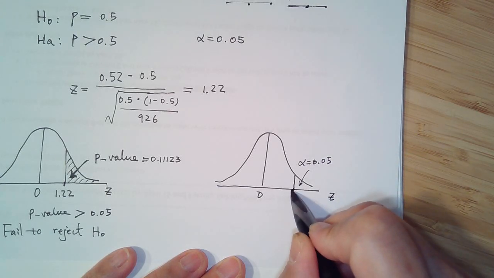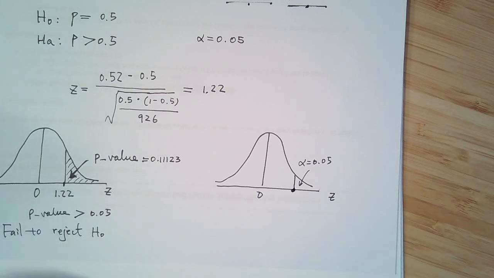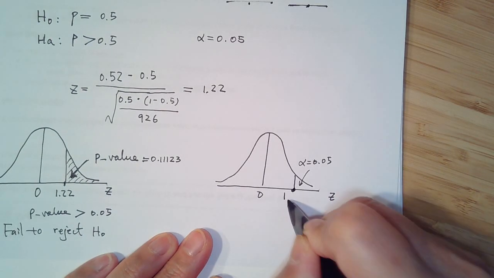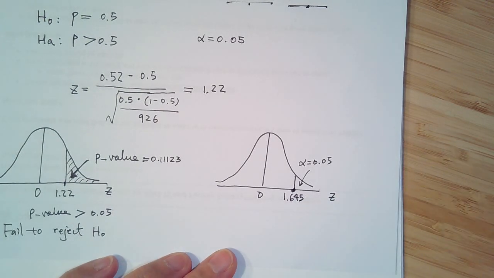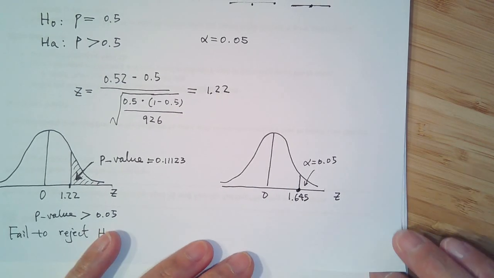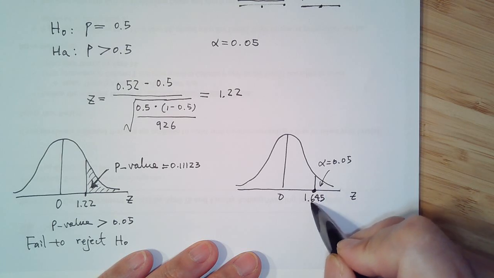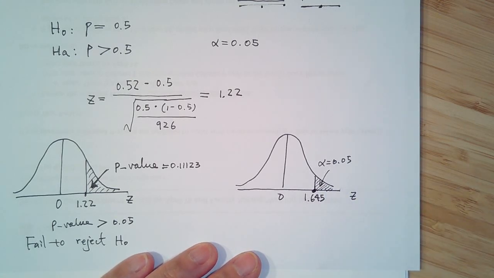I find this critical value, and the critical value is 1.645. If you don't know how to find this number, you might need to go back to early chapters. Okay, so here is alpha, here's 1.645, and this shaded tail, that's my rejection region.